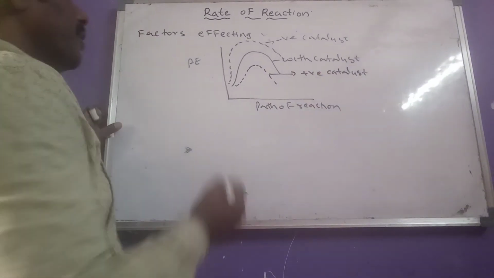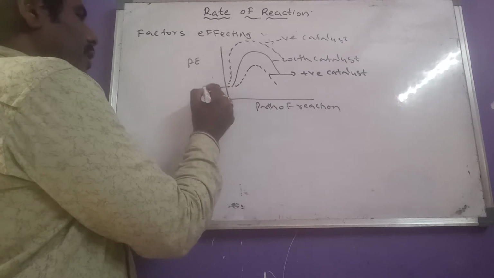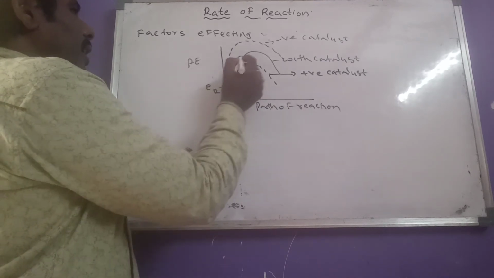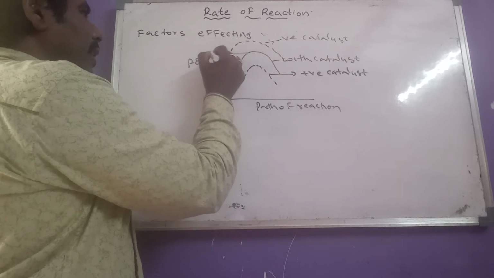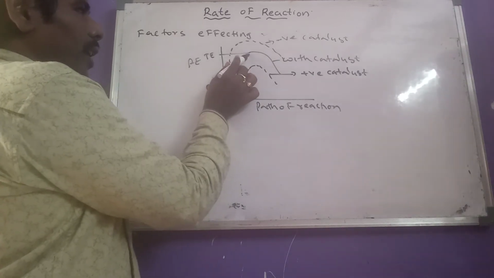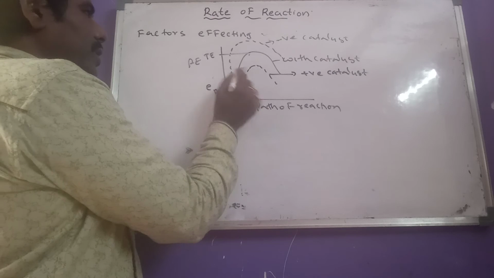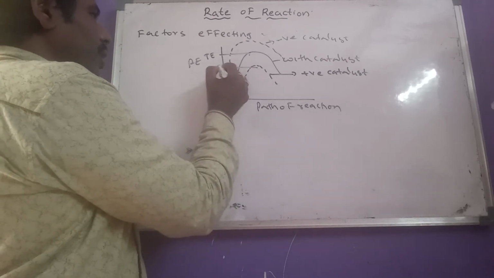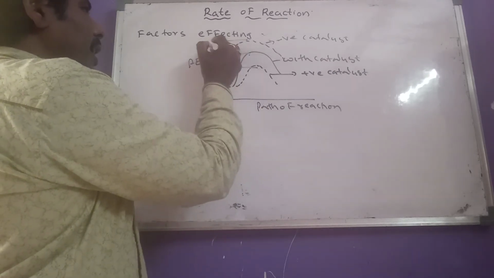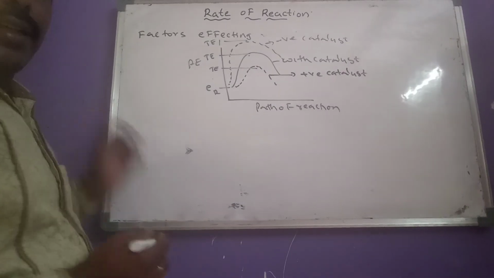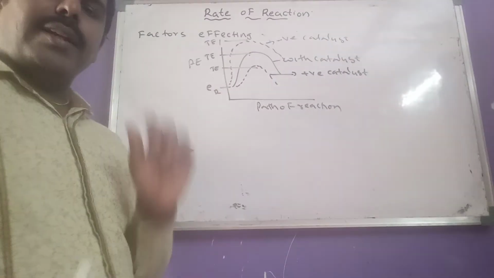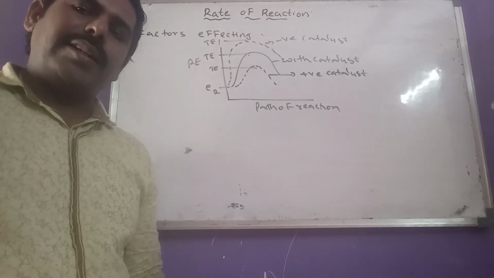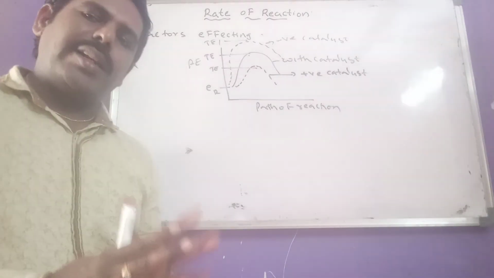So now here this is called reactants energy, and this is called threshold energy without catalyst. With positive catalyst this is threshold energy, with negative catalyst this is threshold energy. The difference between threshold energy and reactant molecules energy is known as activation energy.